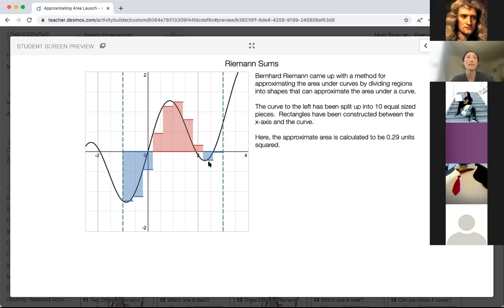And so in this case, we have some rectangles here. Looking at the rectangles, I don't know that we have enough information for this to be right or wrong, but do we think this is going to be an overestimate or an underestimate? What are our thoughts? All right, and I heard a few folks who were saying maybe it could be both. It looks like this blue part here is an overestimate and the red part is an underestimate, right?